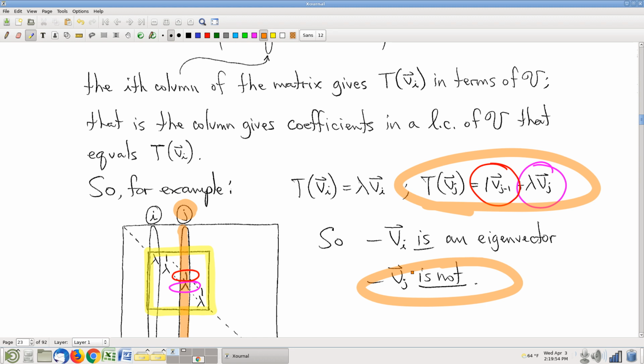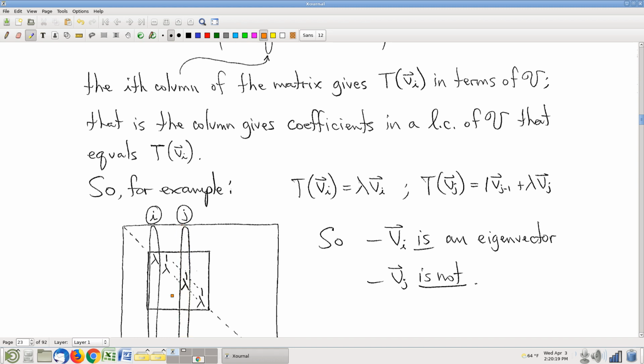And again, this is always going to work out like this. If you're looking at a column that's not the very first one, then the diagonal entry is not at the top, which means there will be a 1 directly above it, which means there will be an extra term blowing it for being an eigenvector. All right.